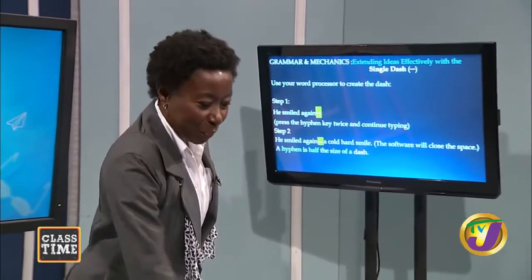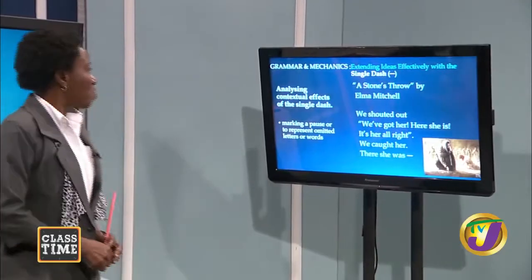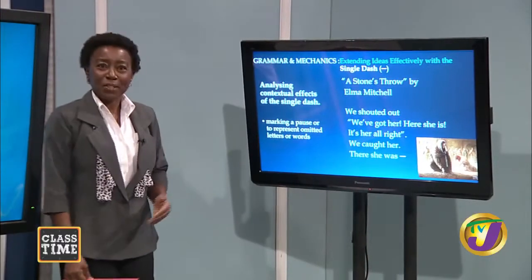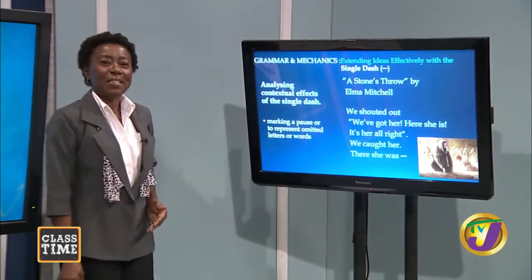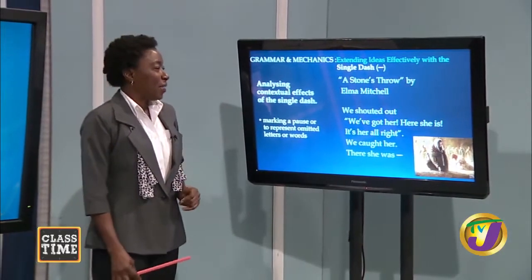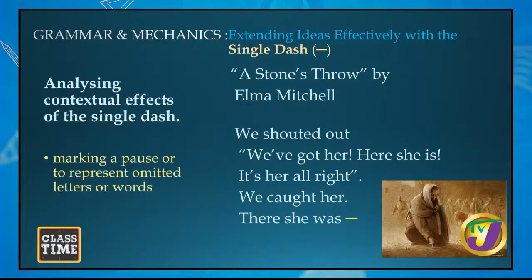Let us continue. We are now going to go into some exercises to practice on the single dash. Analyzing the contextual effects of the single dash.